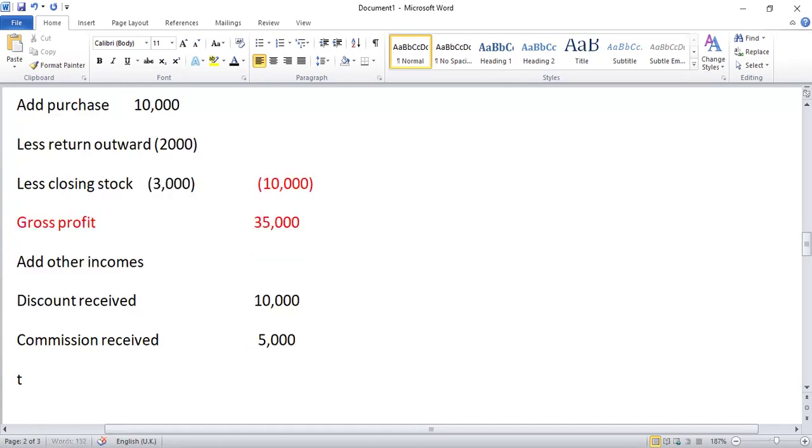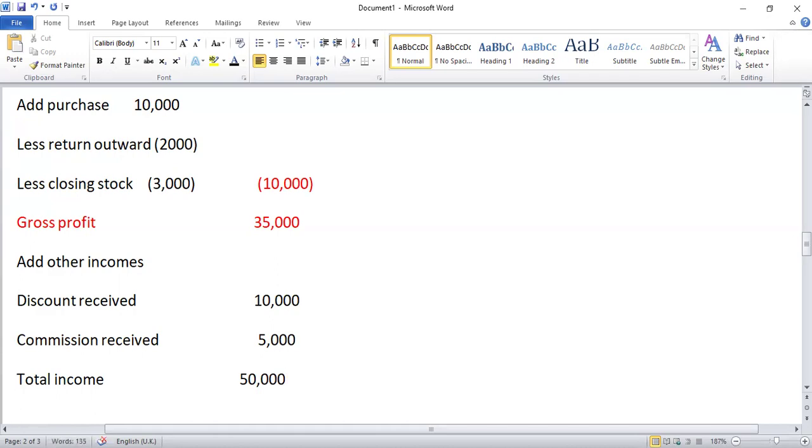So you're going to get total income, which will be 35 plus 10, 45 plus 5. That will be 50,000.